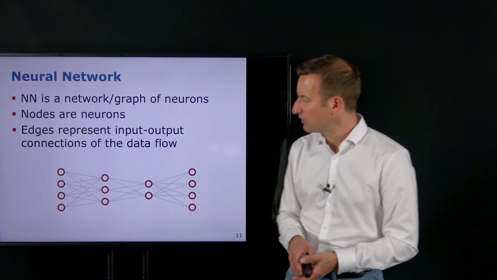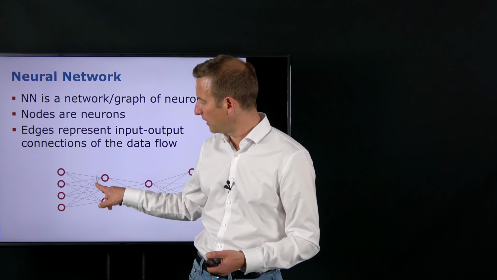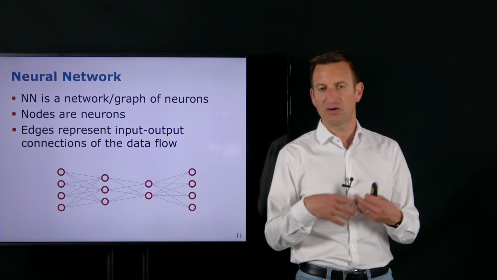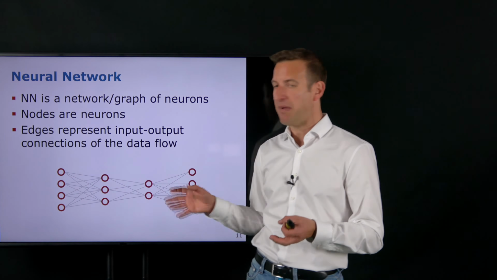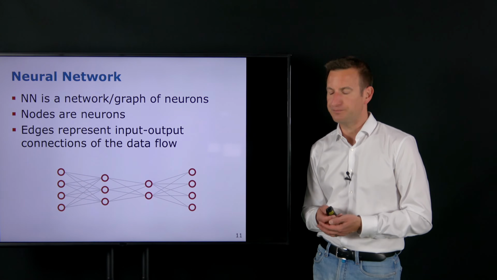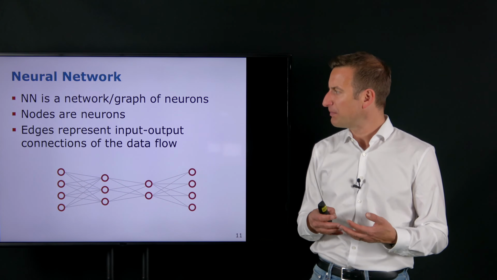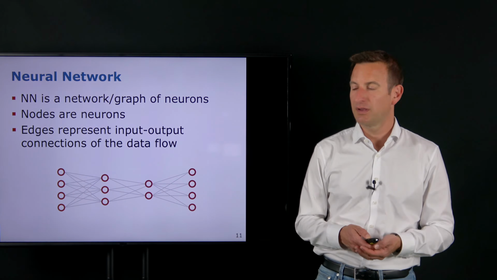A neuron can have some inputs, like this neuron over here has 1, 2, 3, 4 inputs, and it generates an output or an activation which is then stored in this neuron, and the same information can be passed on to other neurons. So the edges represent the input-output connections or the data flow in this network.